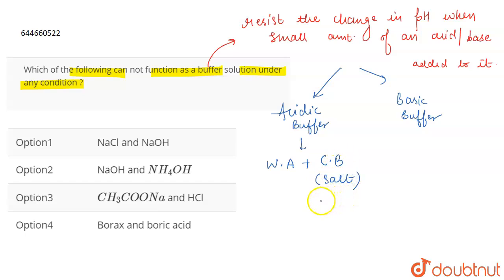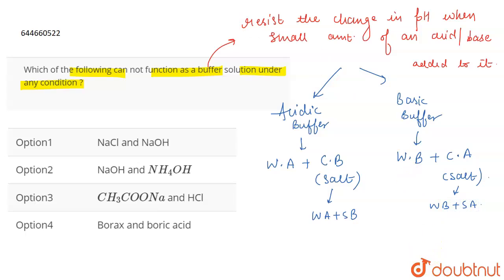Whereas a basic buffer is the combination of a weak base along with the salt of its conjugate acid. That is what an acidic and a basic buffer is. So the salt in an acidic buffer should be a combination of a weak acid and a strong base, and the salt in a basic buffer should be a combination of a weak base and a strong acid.